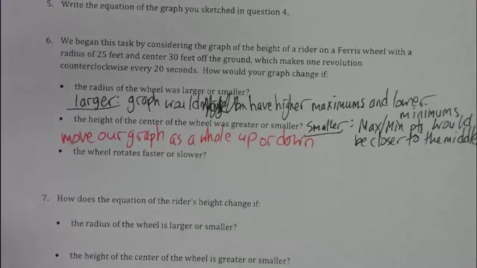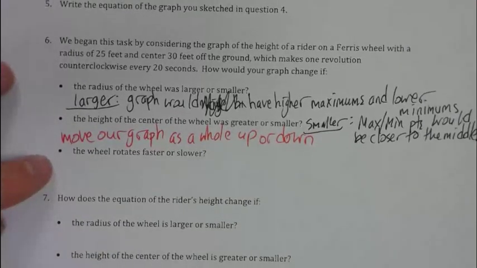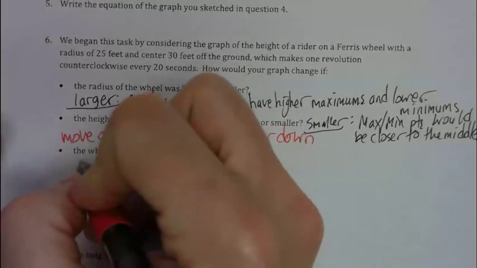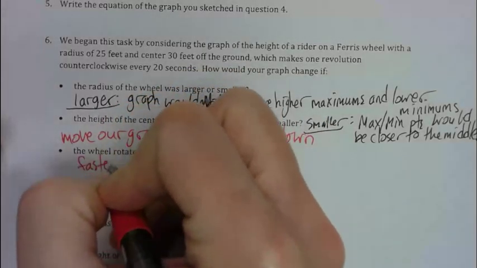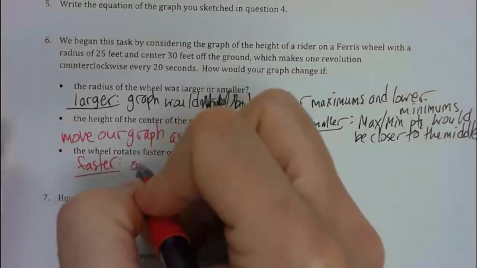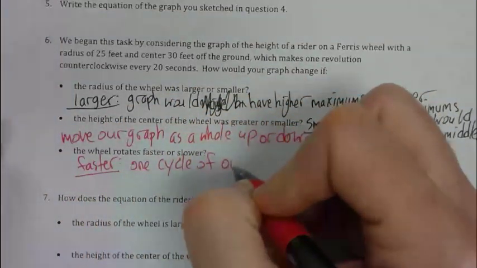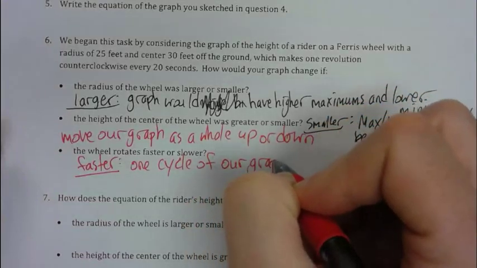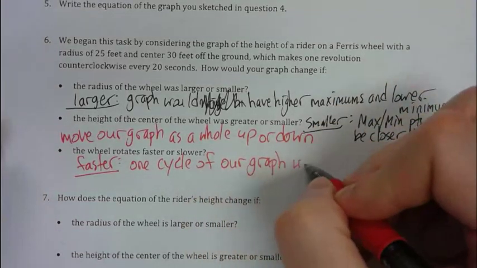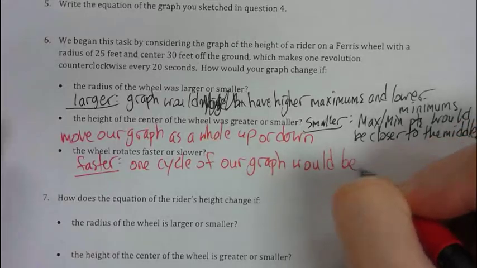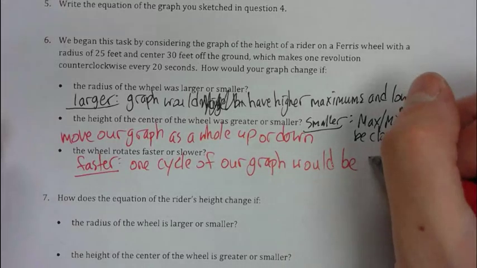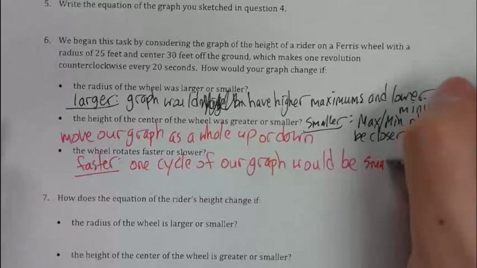So now, what if the wheel rotates faster or slower? If the wheel is rotating faster, one cycle of our graph would be kind of smaller.